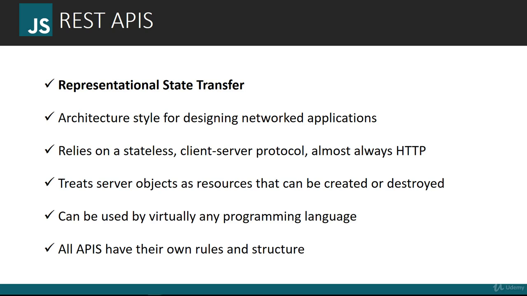Now, what makes REST so awesome is that since it operates using just HTTP requests and usually some standard like JSON, it can be used with virtually any programming language. So any language like JavaScript, PHP, Ruby, the Ruby on Rails framework, Java, Python, all of these languages are perfectly capable of working with REST APIs.